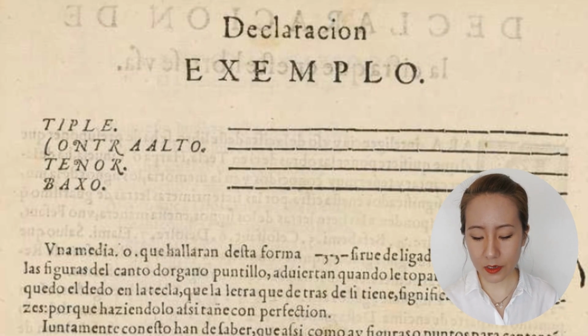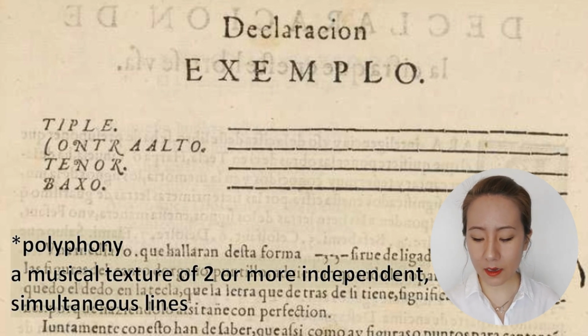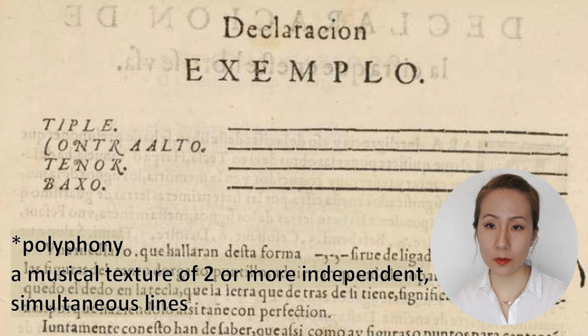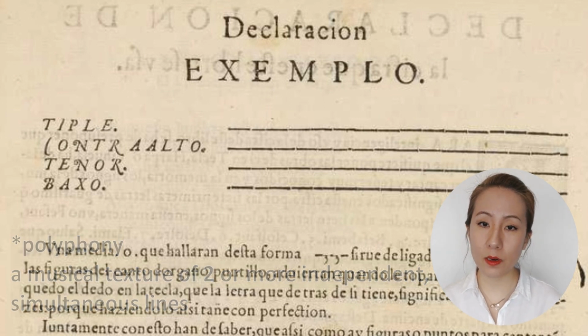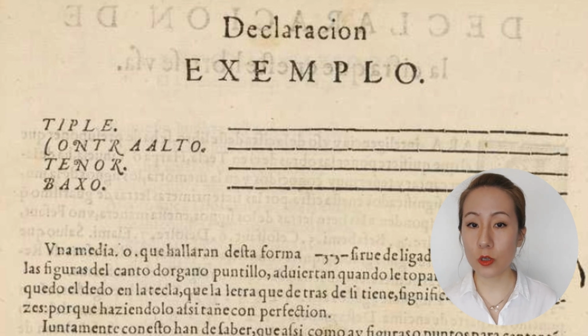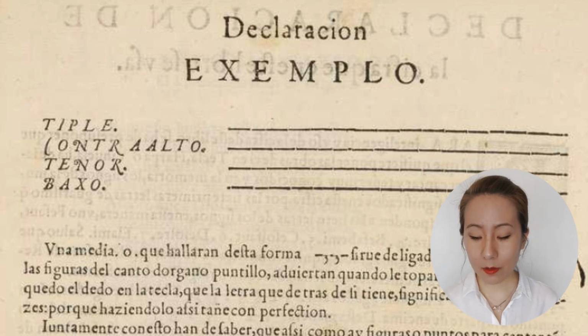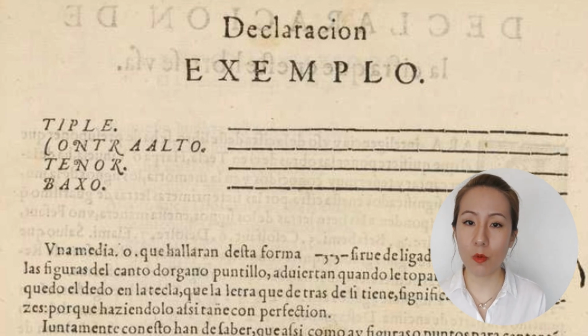Now what you see here is a page from its very short preface explaining how polyphony is notated. You can see that it has 4 lines indicating 4 different contrapuntal voices. Now this comes from the vihuela tablature tradition, in which a line represented each course on the vihuela. But now in this sort of hybrid keyboard, harp, vihuela tablature, it became each line indicating 1 voice.